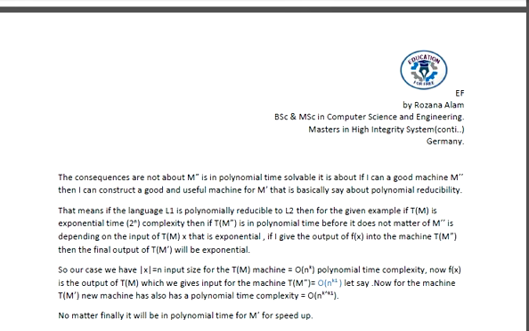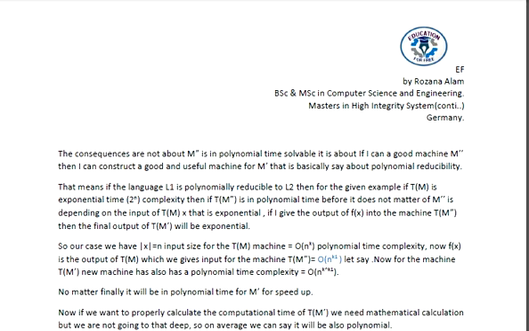Now if we connect and design the new machine Tm prime, it will have a polynomial time complexity of order n to the power k times k1. No matter what, finally it will be a polynomial time complexity for the M1 machine also.